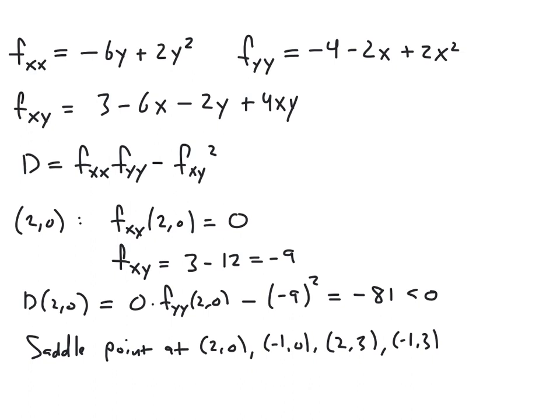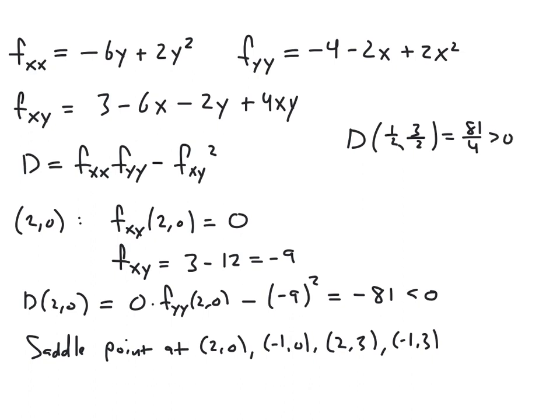However, when you compute the discriminant at the point (1/2, 3/2), you will get 81/4, which is a positive number. So let me write this down: D of (1/2, 3/2) will be 81/4, which is positive.